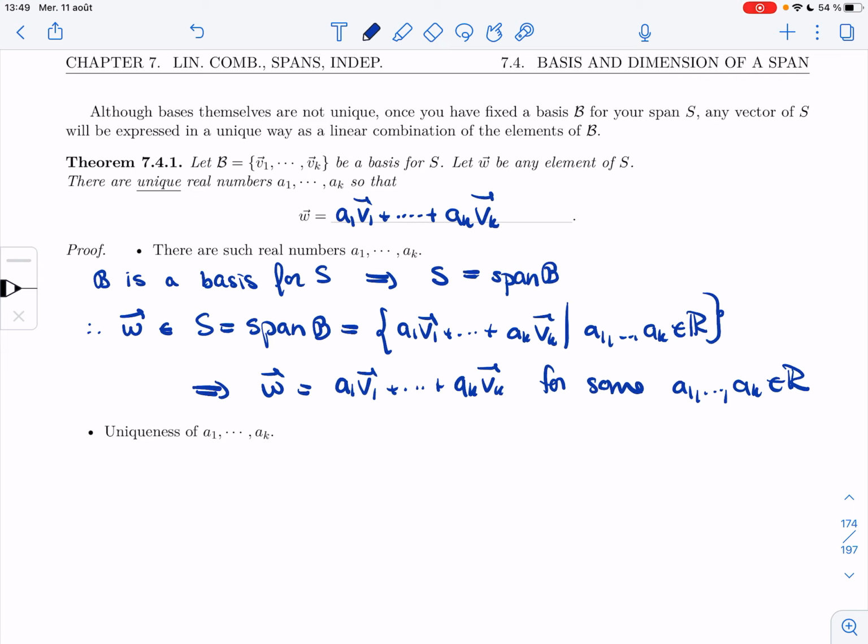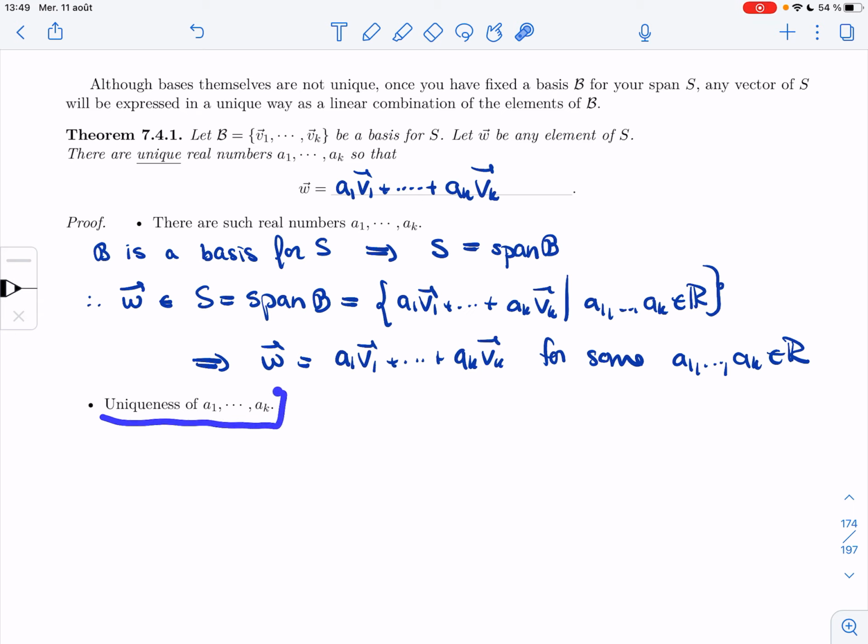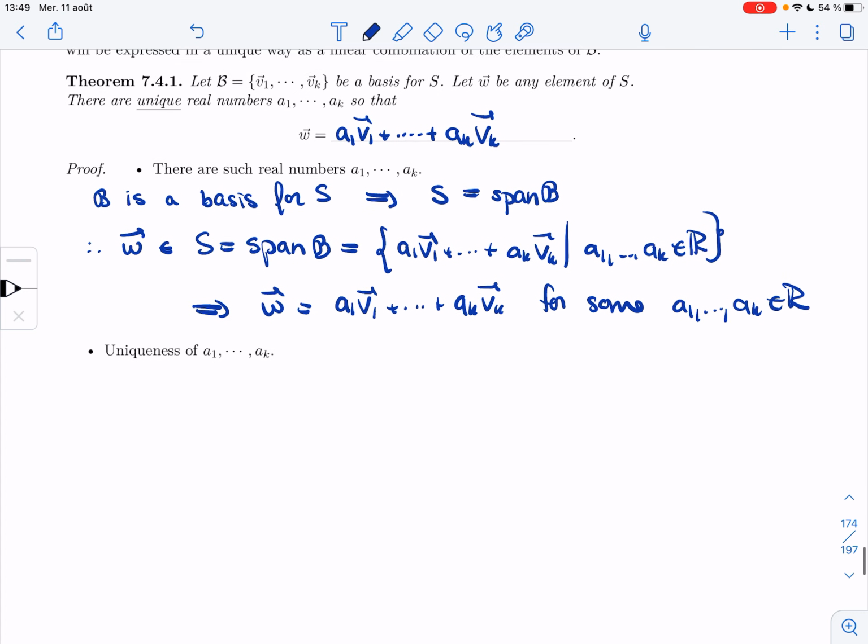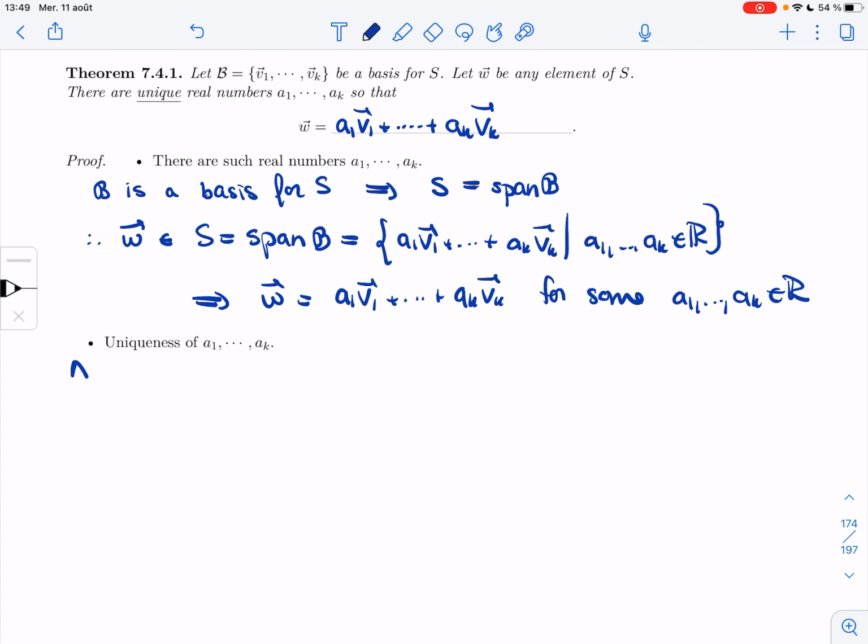All right. The second part, the part that's more interesting, is the fact that I don't have a choice. There's only one way of writing W in terms of B. All right, so let's assume we have two ways, not two different ways, just two ways. So assume that W is A1 V1 plus, let me put in AI VI plus AK VK.